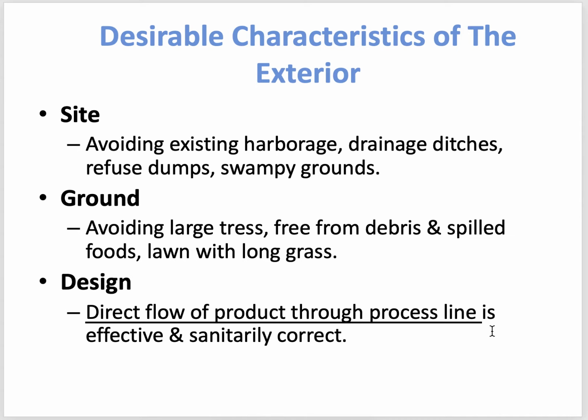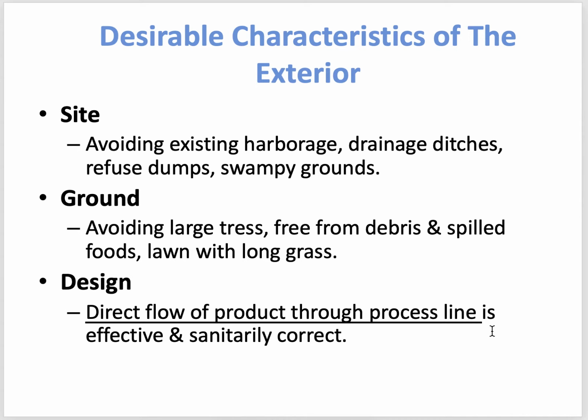sanitarily more correct. Why? Suppose there is no continuous line, so there is no direct flow. Someone is chopping your raw materials, then some people take those chopped raw materials and give them to the people who will then mash them. If there are so many manual steps, there will be many people doing those works manually.